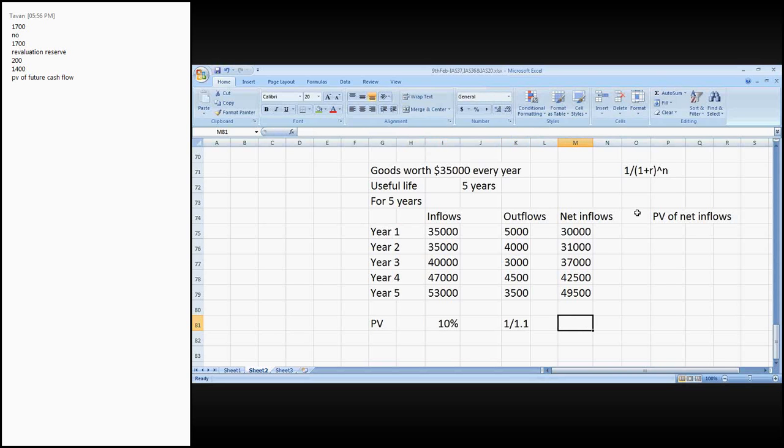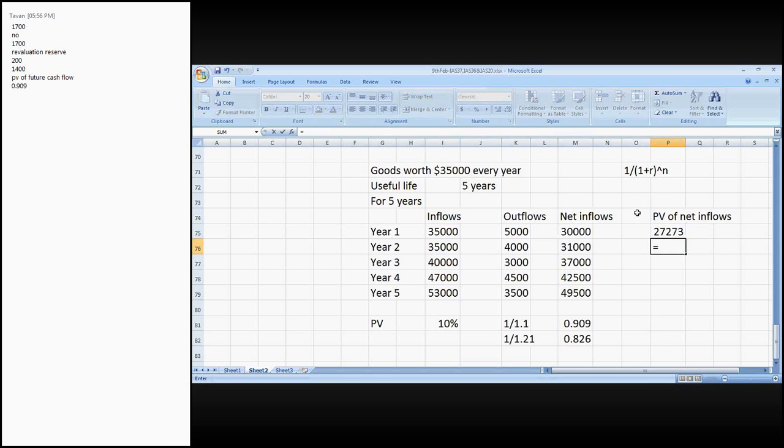So for the first year it will be 1 divided by 1.1, that is 0.909. For the second year it will be 1 divided by 1.21, that is 0.826. So the present value of 30,000 at the end of year 1 will be 30,000 into 0.909, 27,223. Present value of 31,000 which I will be receiving over a period of 2 years.